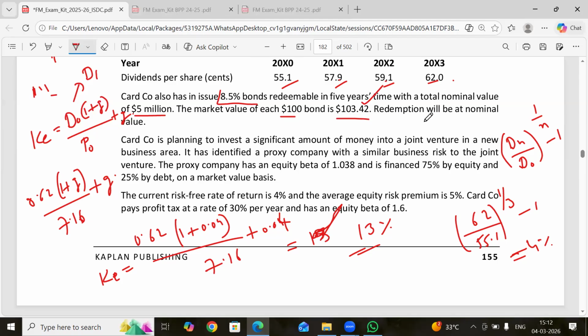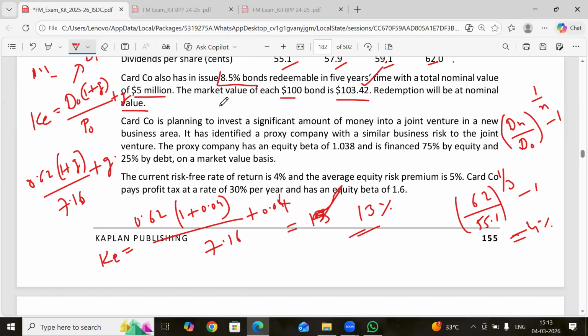Now, redemption will be at nominal value. Everyone knows that whether the bond is trading at premium or discount, it is always redeemed at par, that is $100. Now, what is the next set of data? Card company is planning to invest a significant amount of money into a joint venture in a new business area.